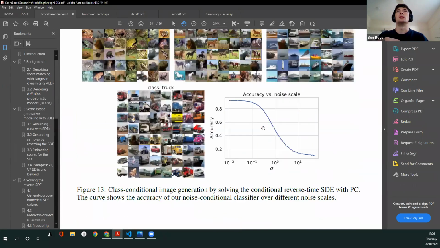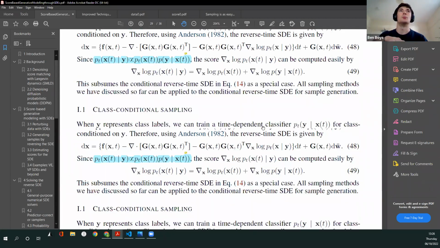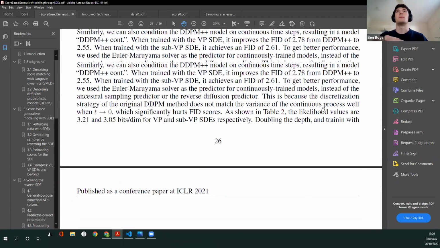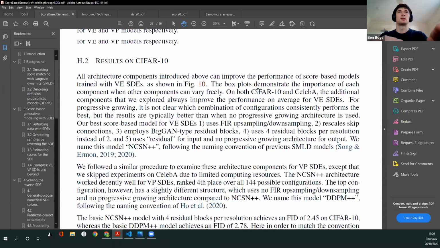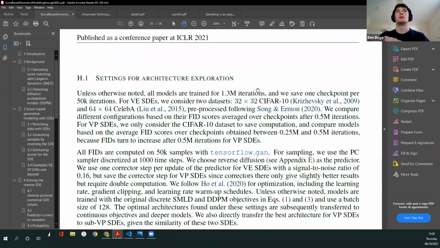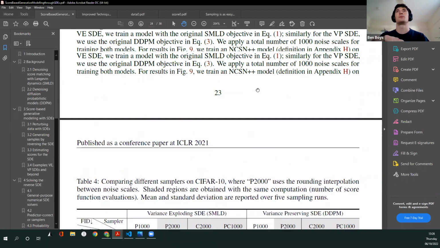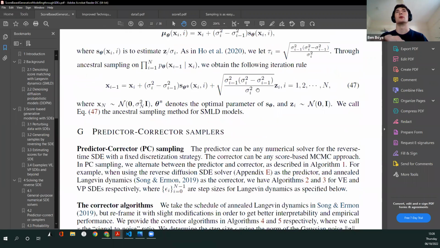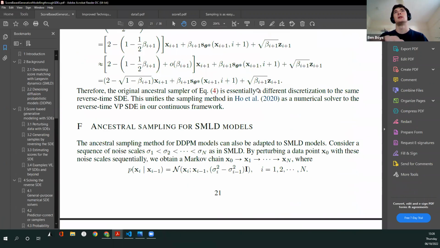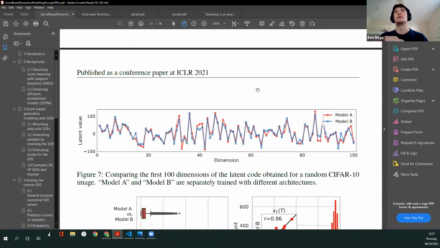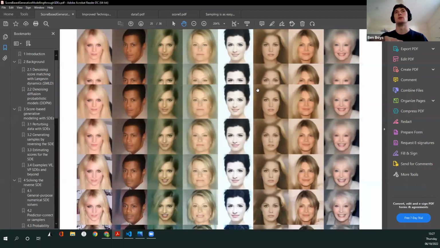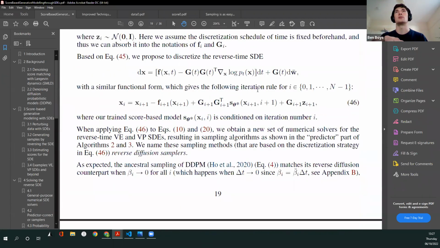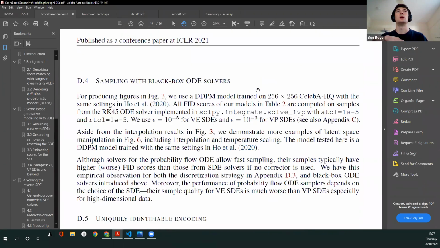So I was going to go over the architectural improvements as well, but in the main paper, there's not much information about that. They point you to some resources, I think, in the appendix on the specific architecture that was used, which is important because you need to have the model capacity and the correct inductive biases to estimate the true score from the neural network.